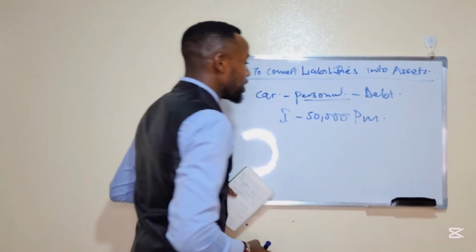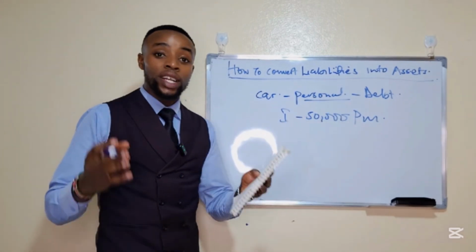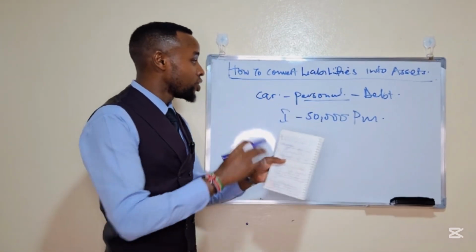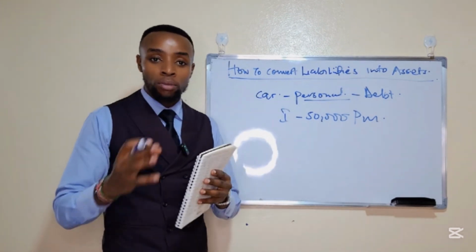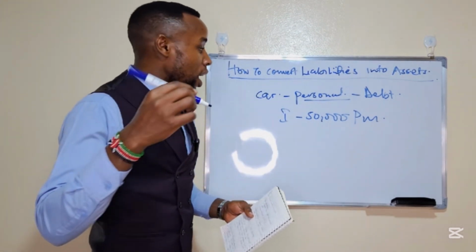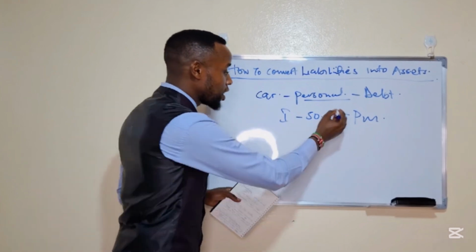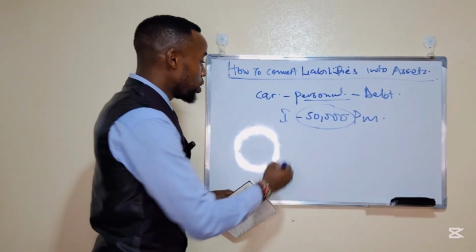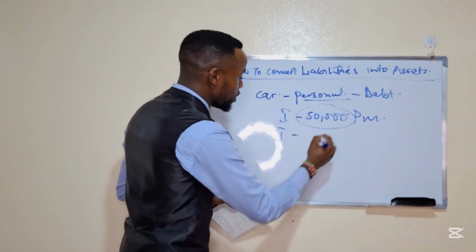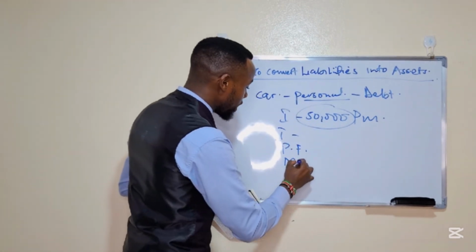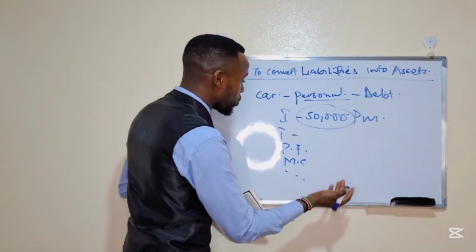The thing is, this car does not generate any income for you, because you normally use it for personal purposes. But remember, this car is taking a lot of money from your pocket. Despite the installment of 50,000, you are also paying insurance at the end of the year, you are paying parking fees, you are paying maintenance costs, and so on.